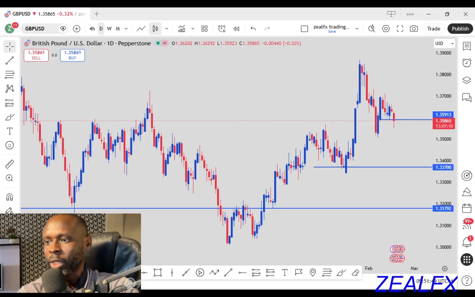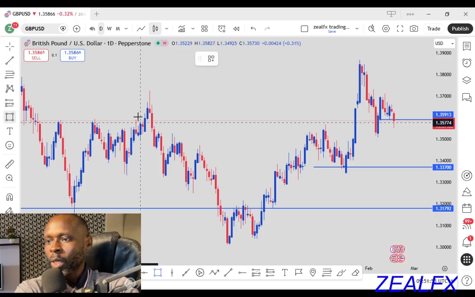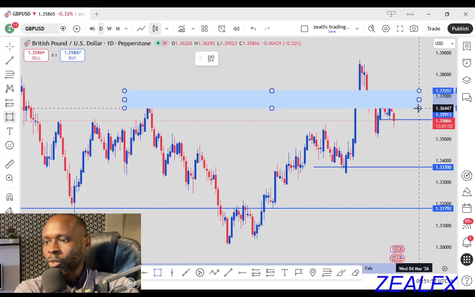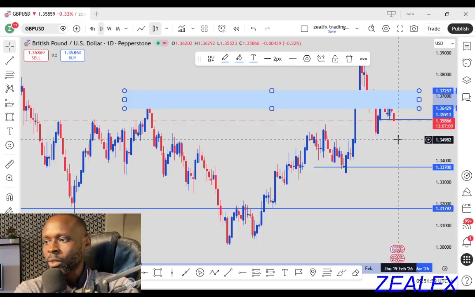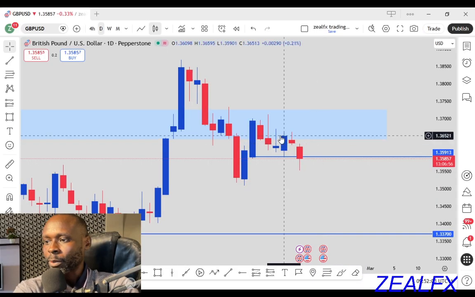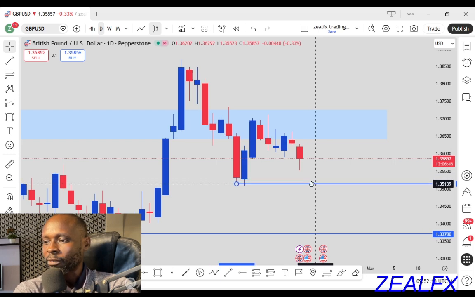So this week, price failed to close above this major structure level, which is a strong resistance level. You can see that this bullish candlestick closed on this resistance level, indicating price reversal back to this support level.